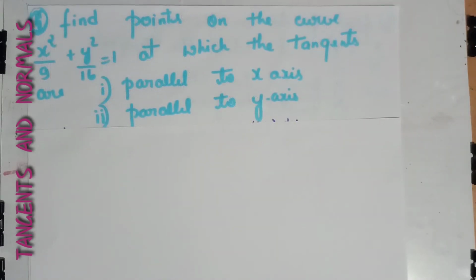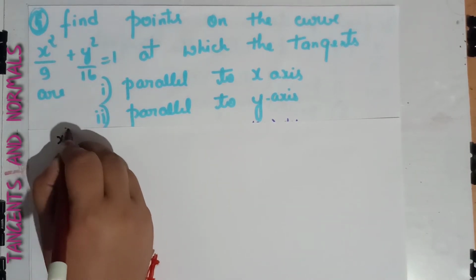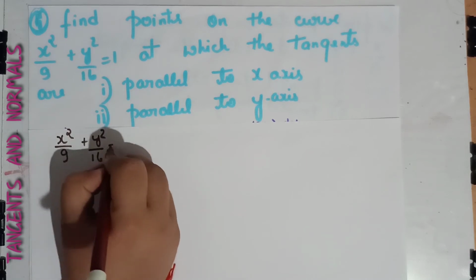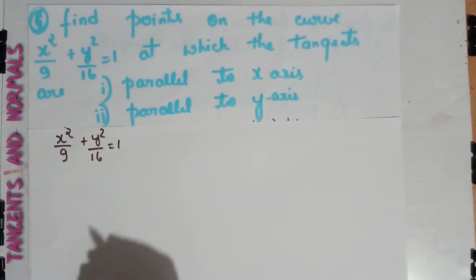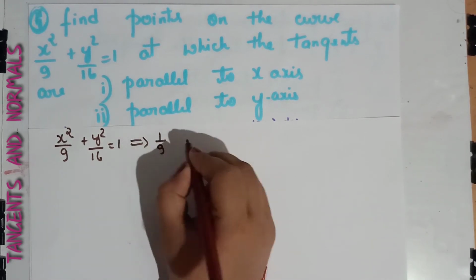Fifth question. Find points on the curve x square by 9 plus y square by 16 is equal to 1 at which the tangents are parallel to x-axis, and second, parallel to y-axis. So first we will differentiate the given curve. x square by 9 plus y square by 16 is equal to 1. Differentiate. So 1 by 9 will be the constant.